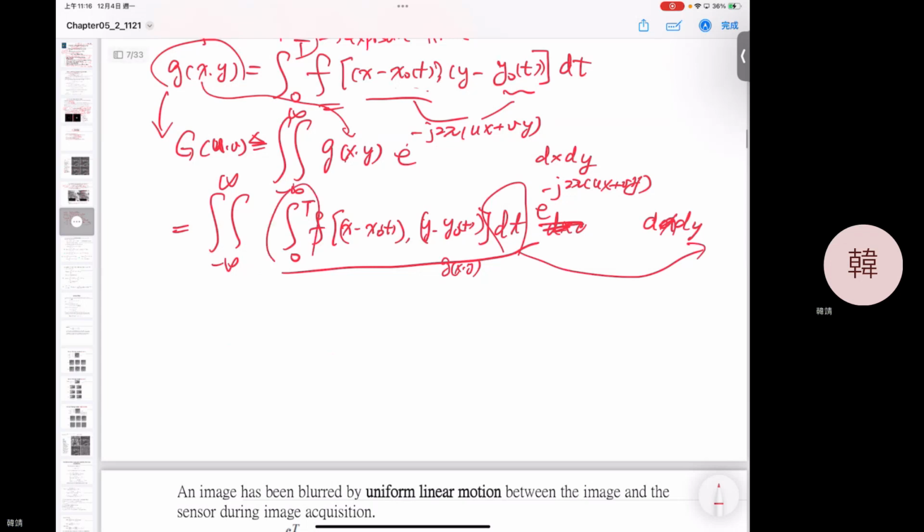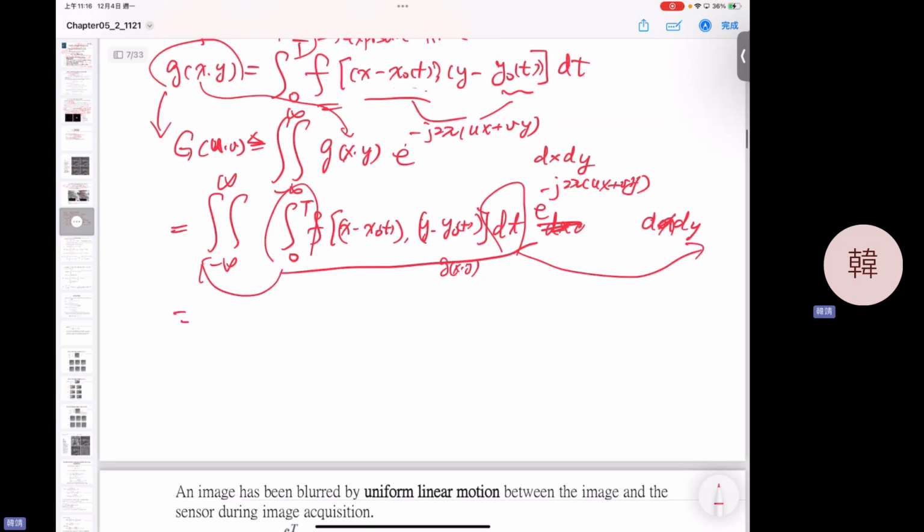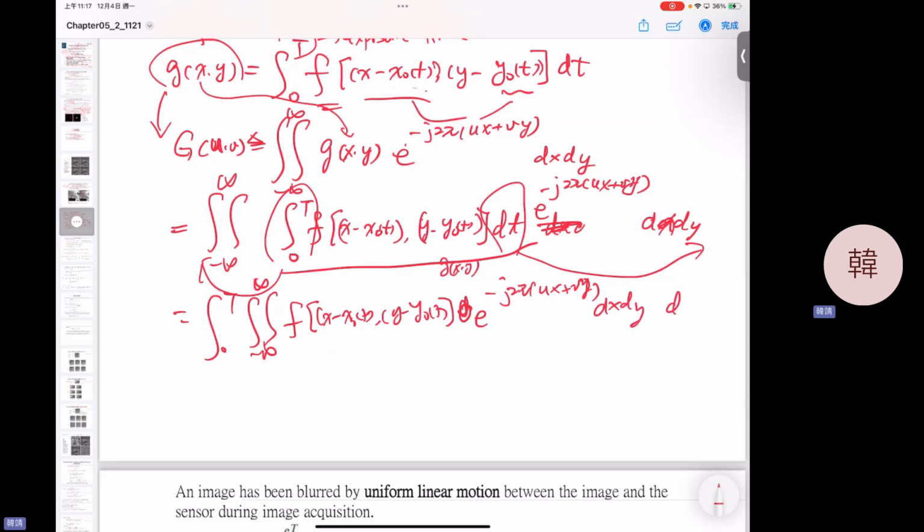So this integral goes outside, and inside we do first the integral over x and y of the function f of x minus x0 t, y minus y0 t, times the exponential of minus j 2 pi (ux plus vy), dx dy first, and then dt later.